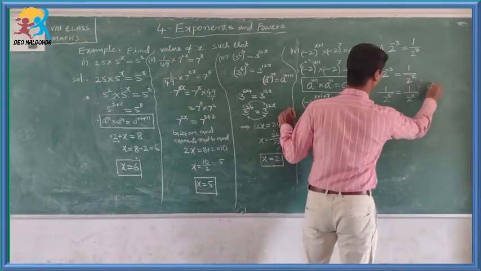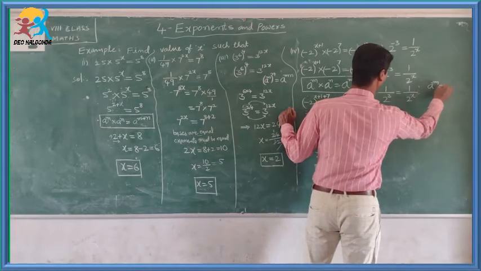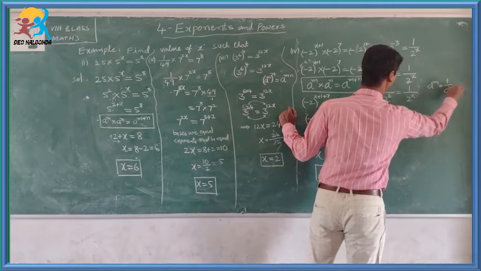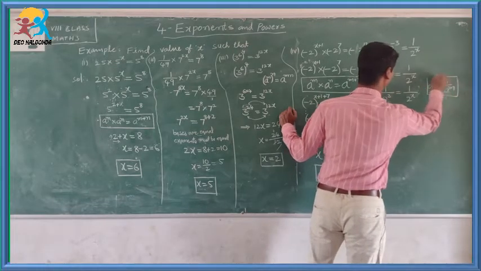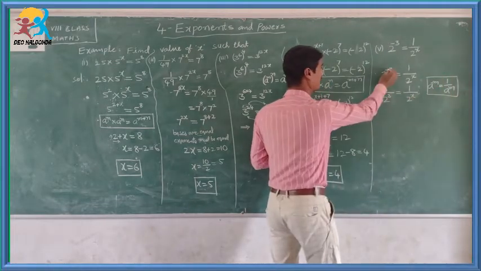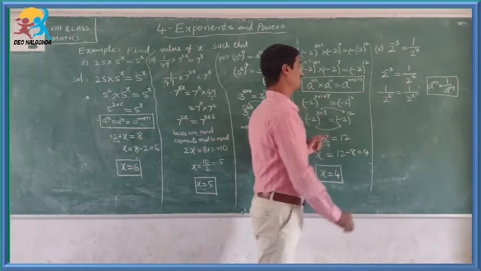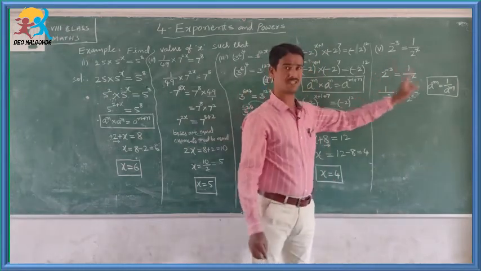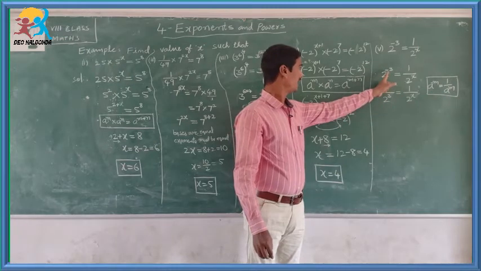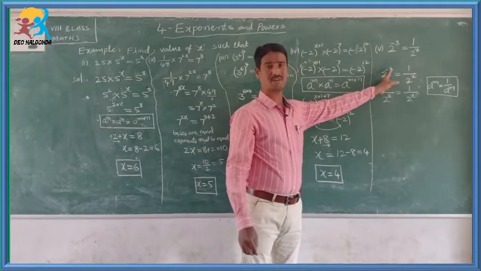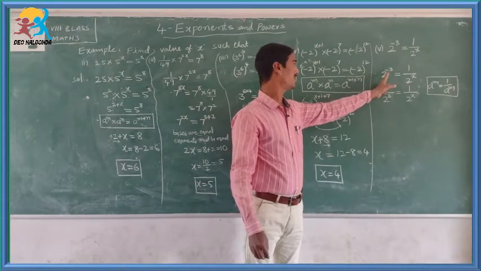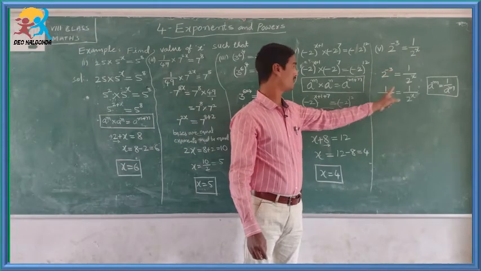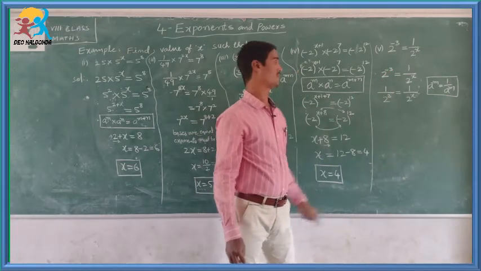We know the formula a to the power of minus m equals 1 by a to the power of m. Otherwise, when you convert a negative exponent to positive, write the reciprocal of this power. Without the sign, 2 power 3 reciprocal is 1 by 2 power 3.